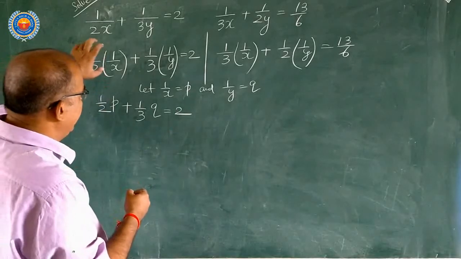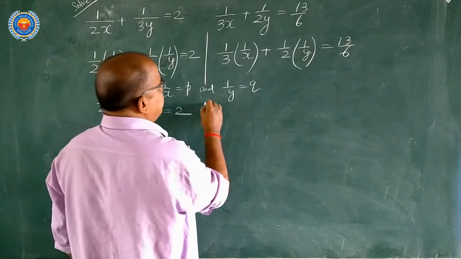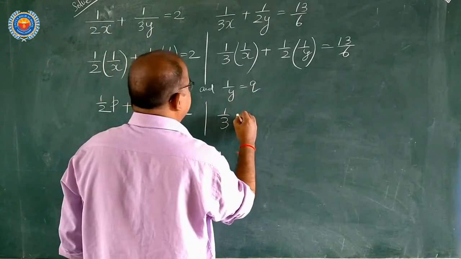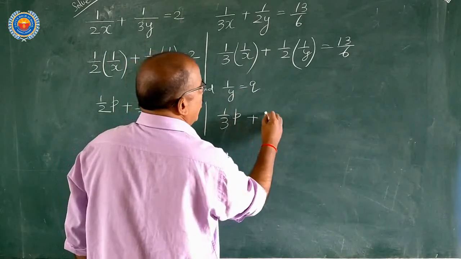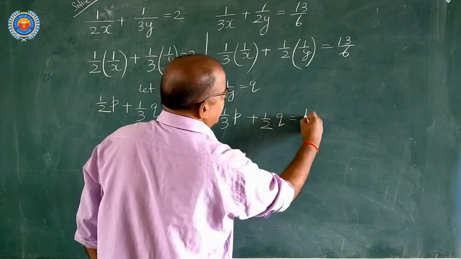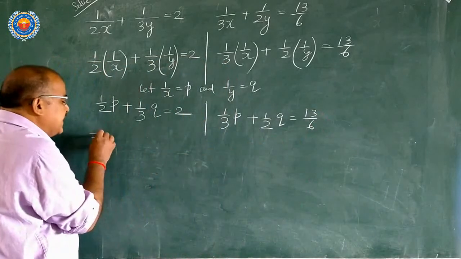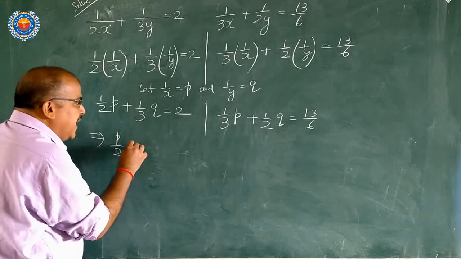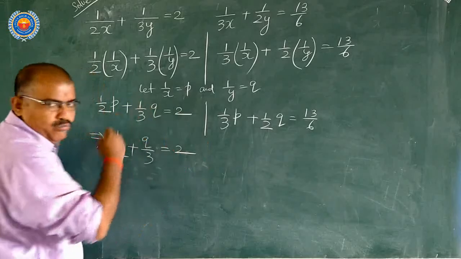Instead of 1 by x, I have written P, and 1 by y, Q. And 1 by 3, in place of 1 by x I have written P, plus 1 by 2, 1 by y is Q, is equal to 13 by 6.